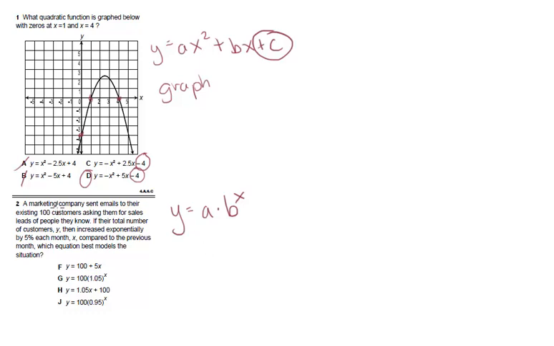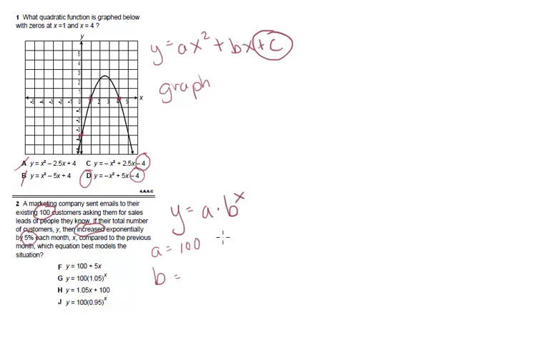Number 2 is an exponential function. The form of the exponential function is a times b to the x power. We're reviewing that today. 8a, we did that yesterday. So we're told that a marketing company has an existing 100 customers. Our a value, therefore, is 100 because that's our starting value or initial value. Then it increases exponentially by 5% each month. So this is an exponential growth.